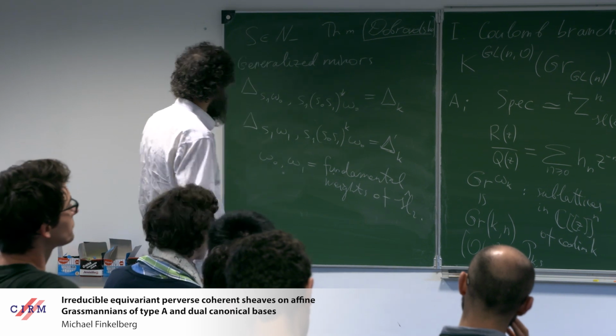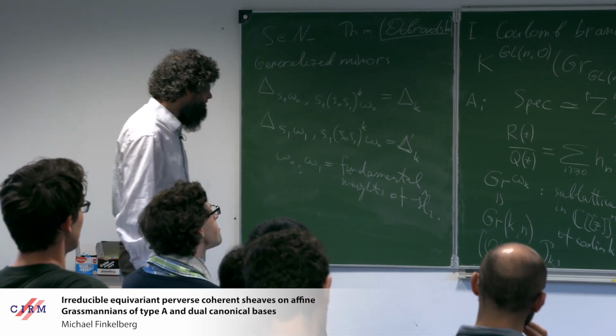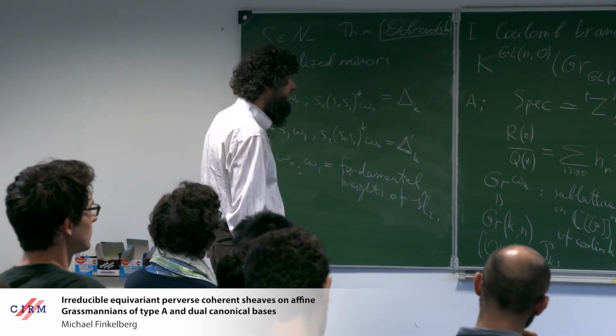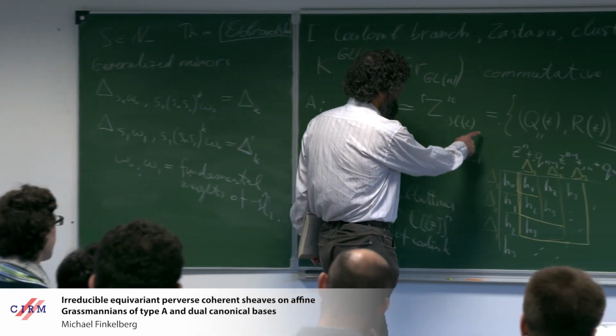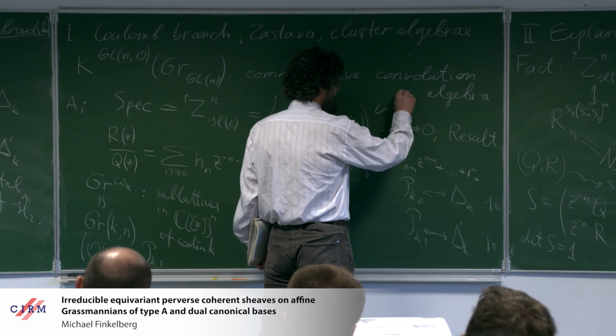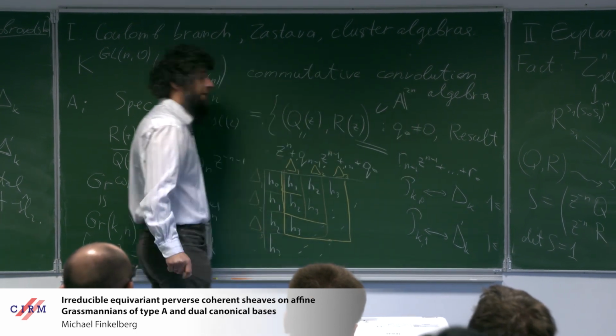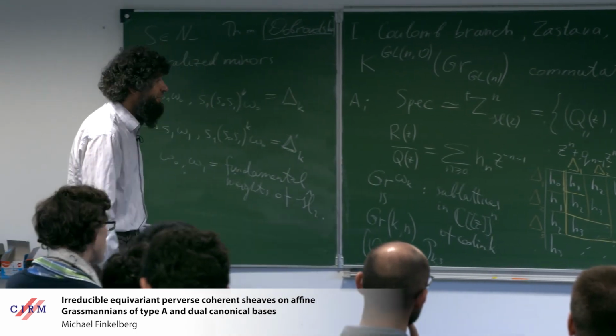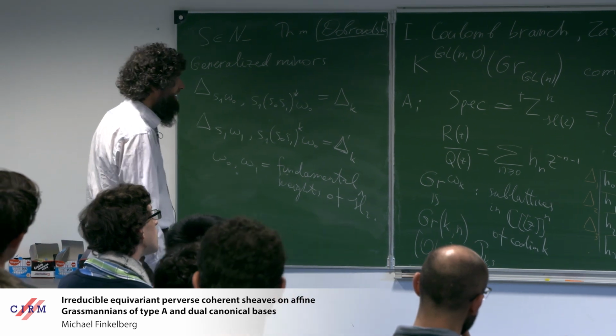But let me only mention that our Zastava space was an open subvariety in the affine two-dimensional space, and this is not a coincidence.